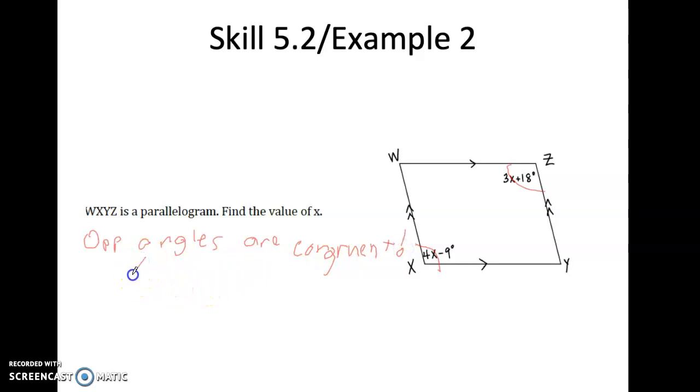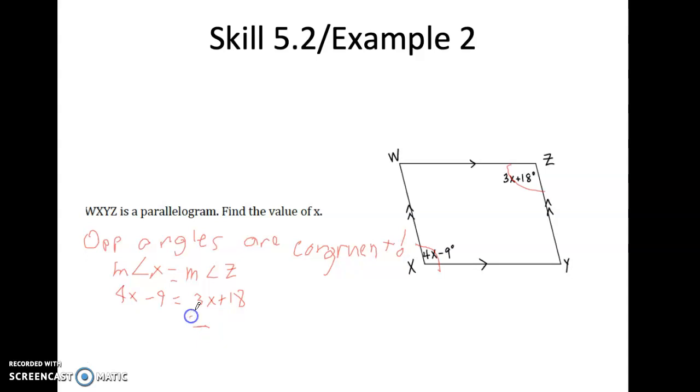So I could say that the measure of angle X equals the measure of angle Z. So I could do 4x minus 9 equals 3x plus 18.